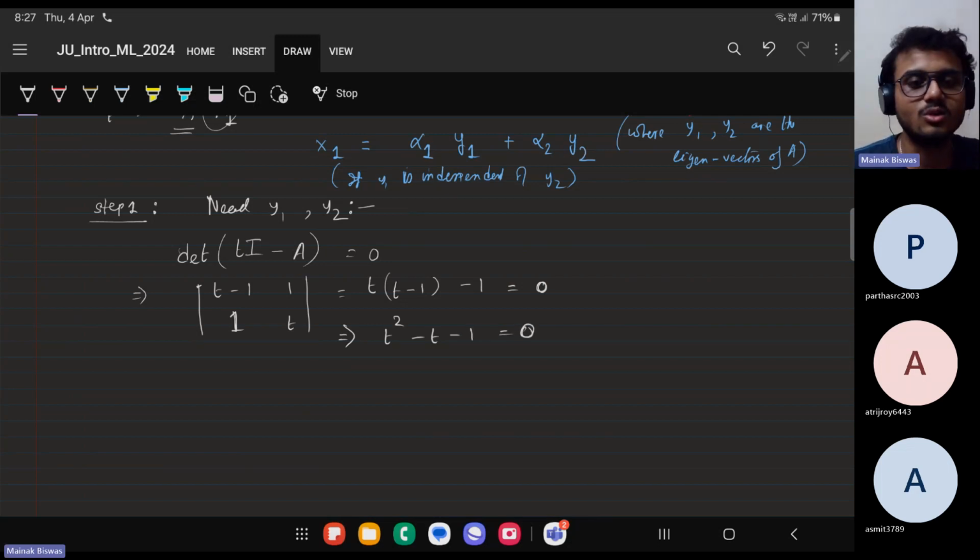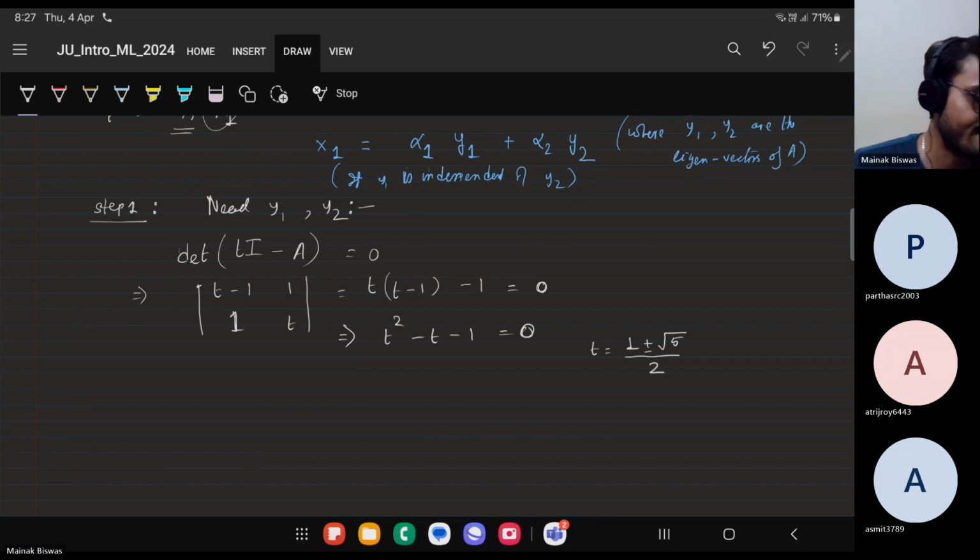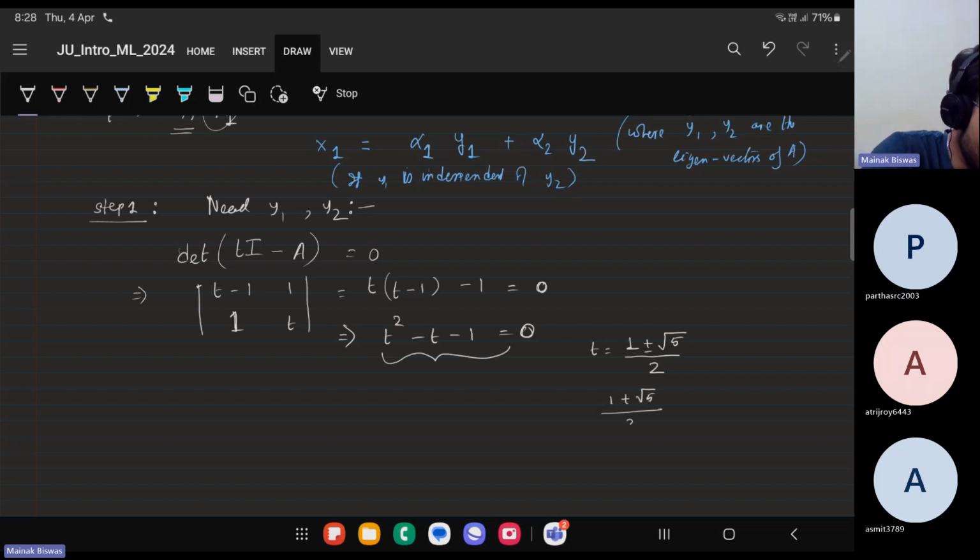So what are the values of t? 1 plus or minus root 5 by 2. Yes or no? 1 plus root 5 by 2 comma 1 minus root 5 by 2. This is called the golden ratio.